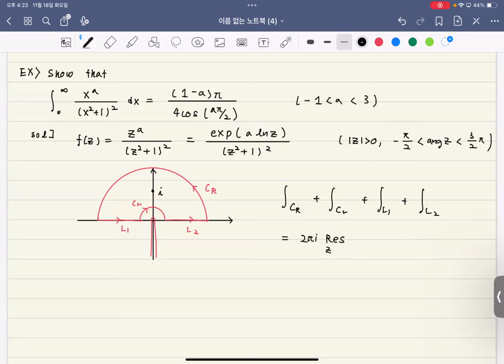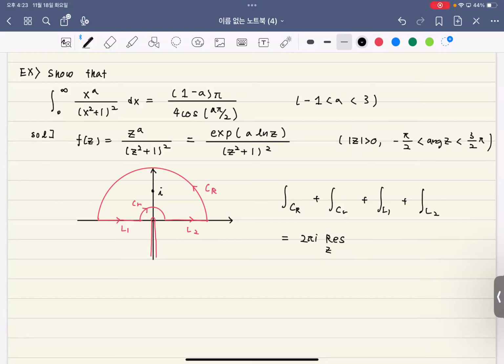So a times z to the a minus 1, times (z plus i) squared, minus z to the a times 2 times (z plus i), and you evaluate when z equals i.